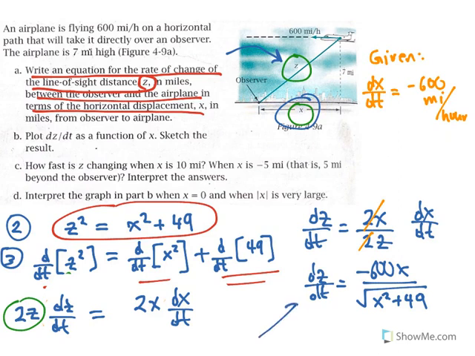So this is dz dt, the rate of change of this distance between the observer and the plane, the line of sight distance, given as a function of x, the distance between the observer and the point on the ground that is directly below the plane at a particular instant. So we have found what we're after. We have found an equation for the rate of change of the line of sight distance z in miles between the observer and the airplane in terms of the horizontal displacement x in miles from observer to the plane.